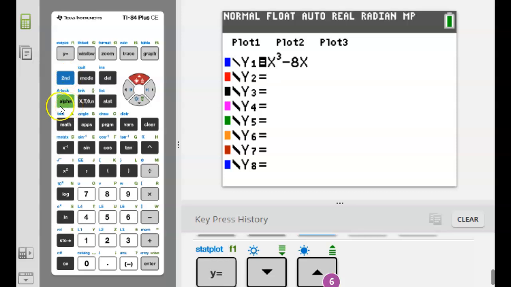So it's the second button in, second button down, below our graphing buttons. You'll see an X, and it has a T, and then it has this round thing with a line through it. That's a theta, and it may have other symbols as well. So we're going to click that. That's our X. Now we can do either a second and 2, or in this case, because square shows up so often, we actually have a button that does those 2 steps for us.